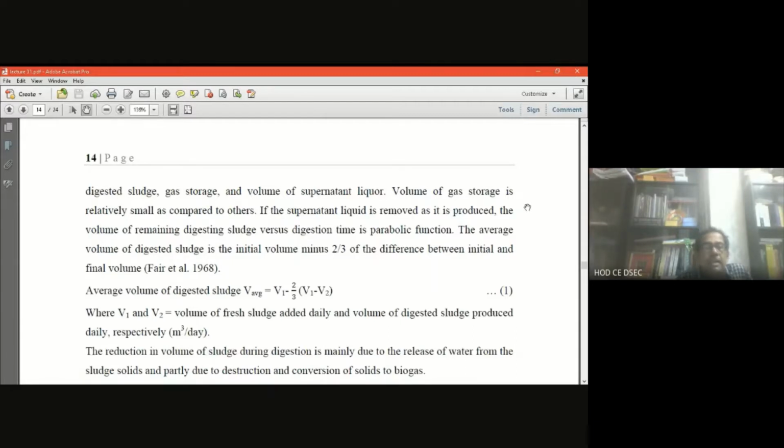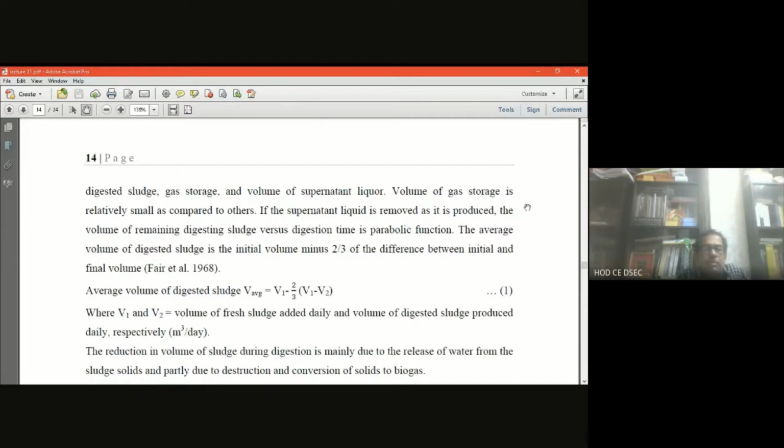It has been found by experiment, as per the Fair and Geyer paper of 1968, that the average volume of digested sludge is the initial volume minus 2/3 of the difference between the initial and final volume.